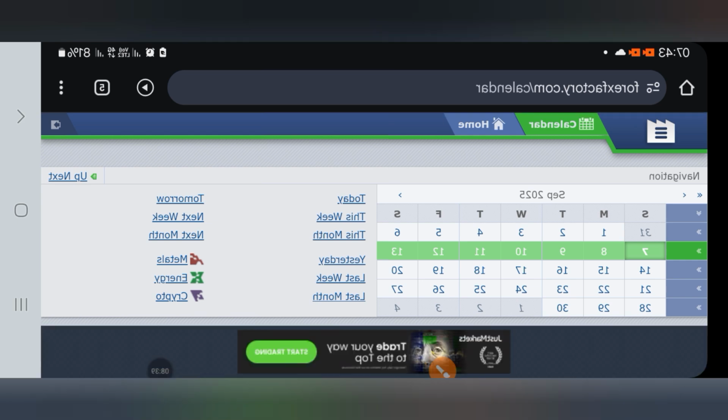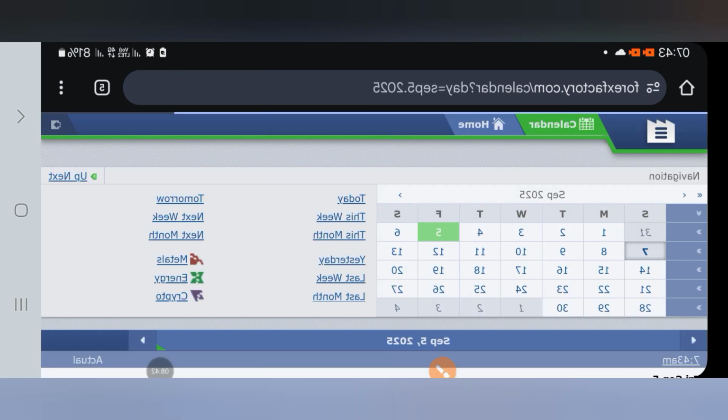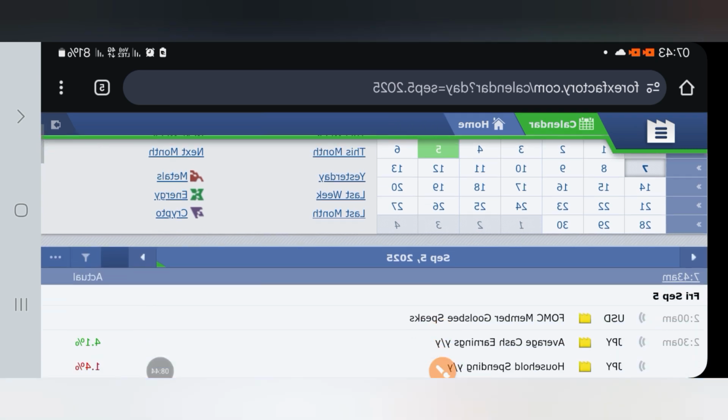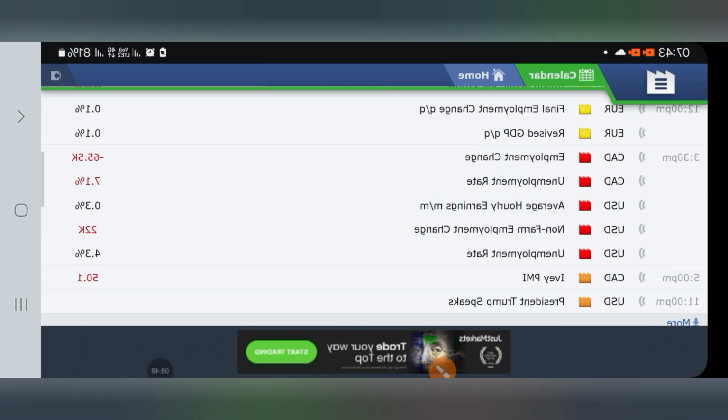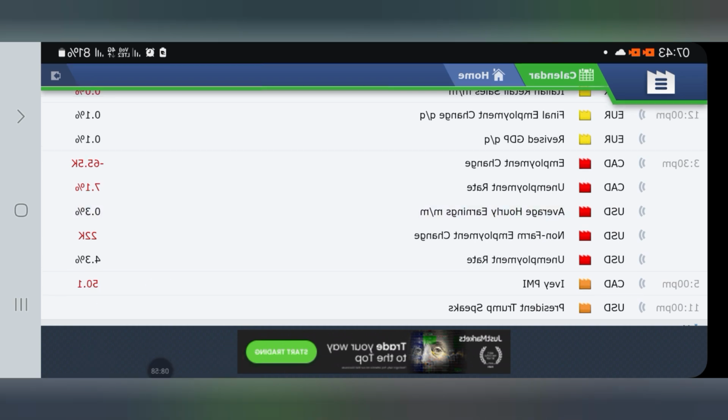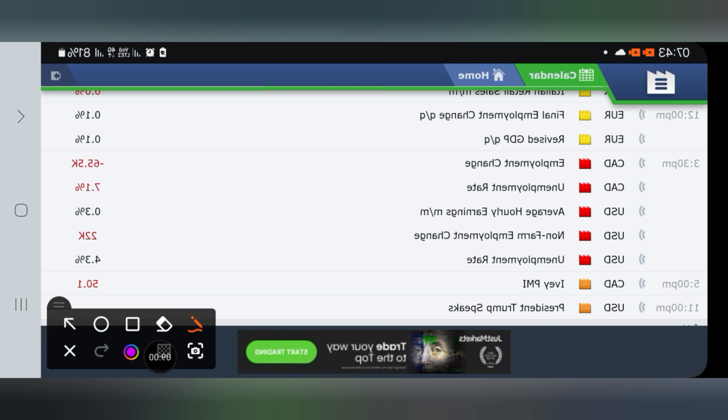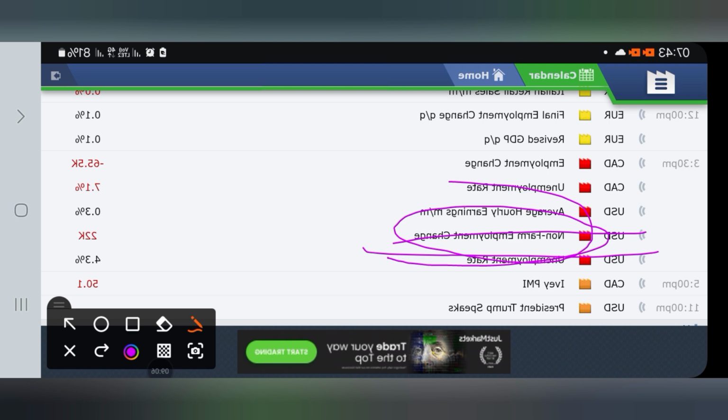So September 5, we had something that we call NFP, that happens at 3:30, guys. So this one moved the market.